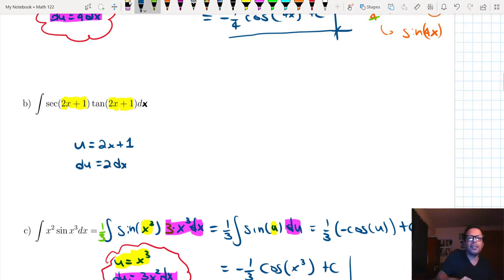I'm going to write the integral again because I need space here for that missing factor. So this will be the integral of secant 2x plus 1 tangent 2x plus 1 dx.